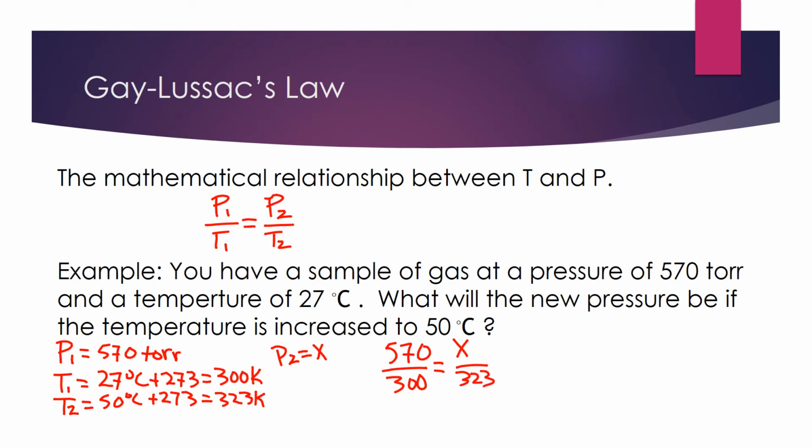Now to solve this problem, we'll cross multiply to find X. And when you plug this into your calculator, you're going to get that P2 is 613.7 torr. So again, plugging and chugging. The only part of this that should be remotely difficult is identifying what the pressure and what the temperature is. But we know that degrees Celsius is temperature, and torr, you will learn, is pressure.